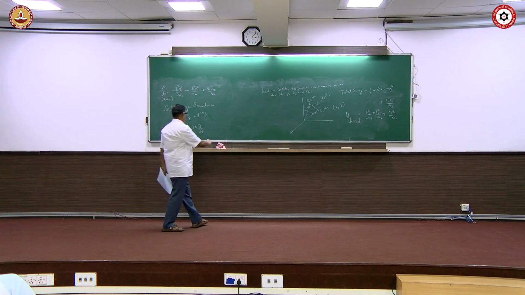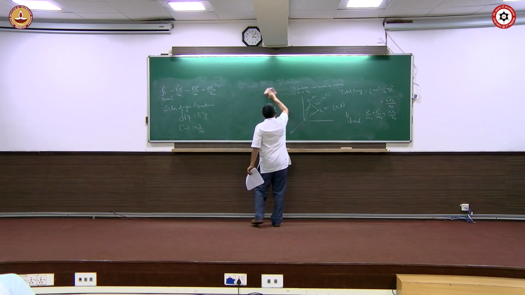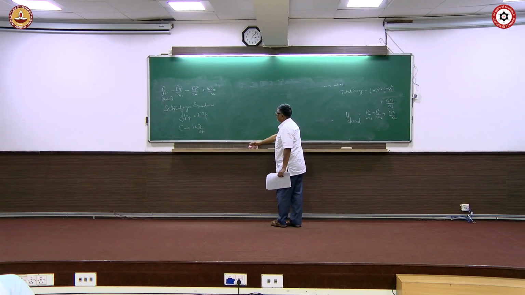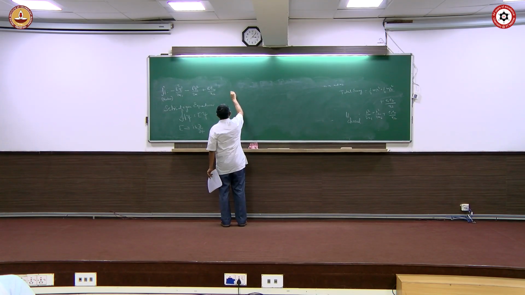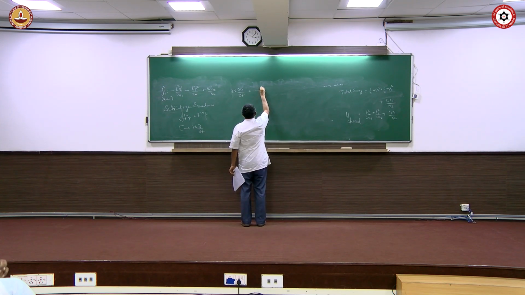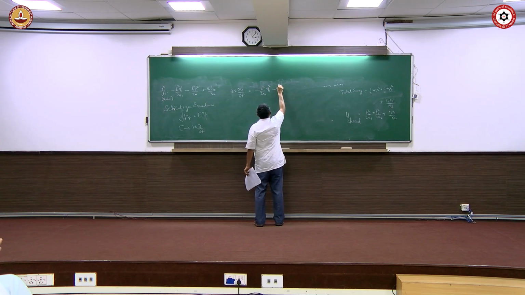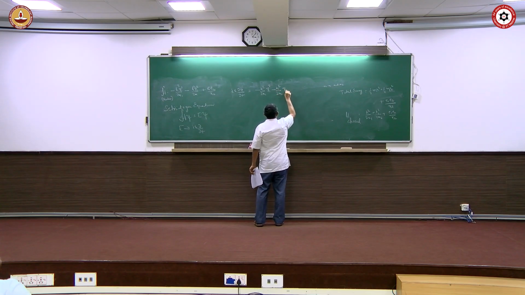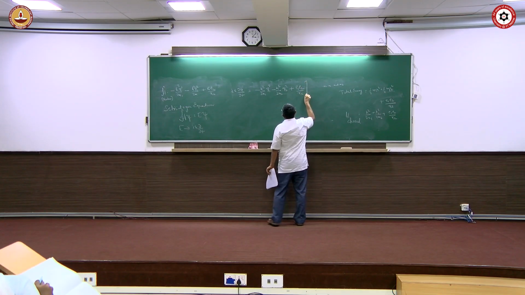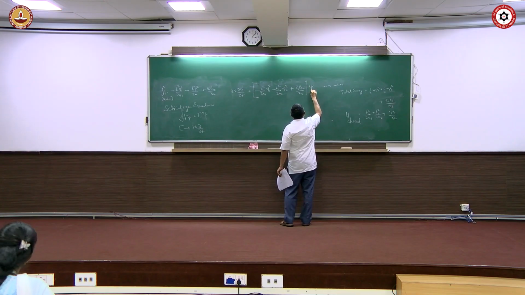Therefore, this equation becomes i h-bar dou psi by dou t equals H psi, that is, minus h-bar square by 2m1 del1 square minus h-bar square by 2m2 del2 square plus E1 E2 by R12 times the wave function.